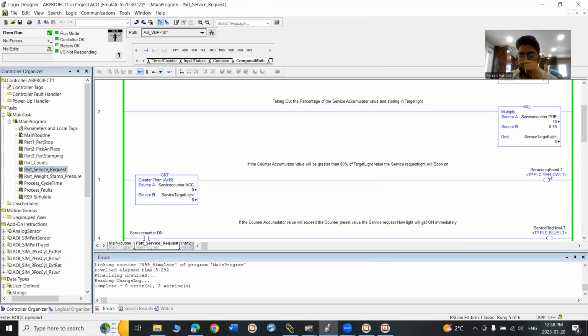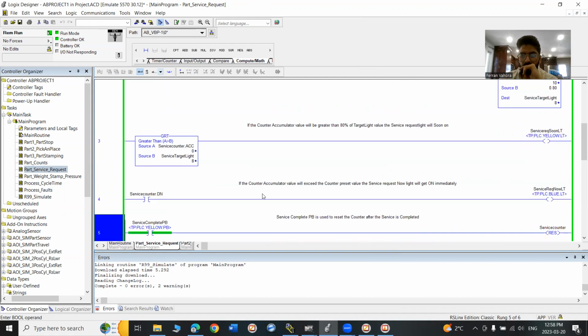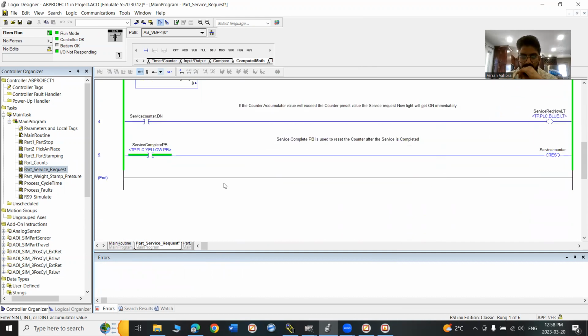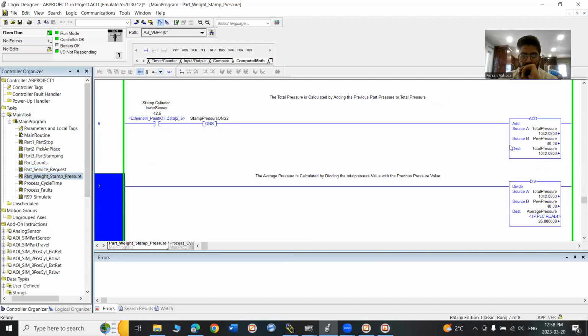So service request soon will get on and totally done. The service request light now will get on. And to reset it, the yellow push button is used.